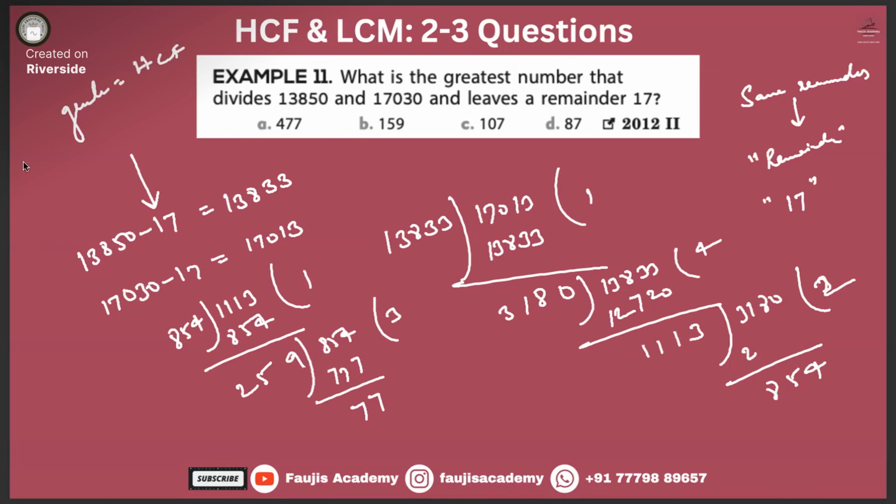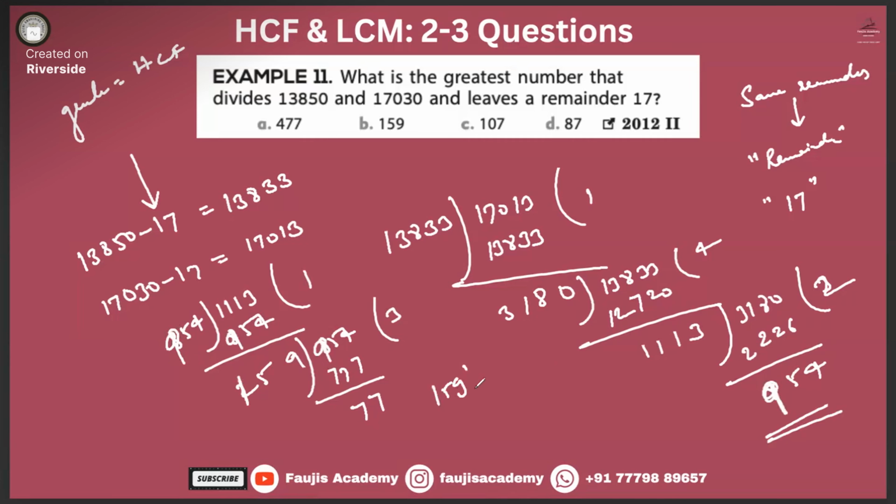I mean 26. 3180. 13833, 4 times, 0, 031, 111, 3180. 3 times it won't go, only 2 times. 622, 4, 4, 5. Yep, guys, over here we are supposed to get 954. Okay, it's 954, guys. It's 954.